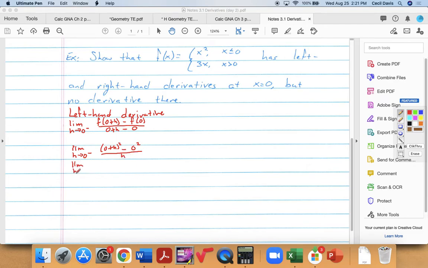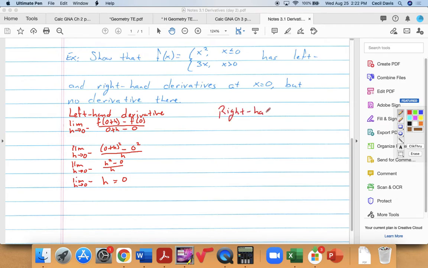So that's the limit as h goes to 0 from the left of h squared minus 0 over h. So that's the limit as h goes to 0 from the left of h, which is 0. So the slopes as we move towards f of 0 from the left are going to be close to horizontal. Okay? Let's look at the right-hand derivative.